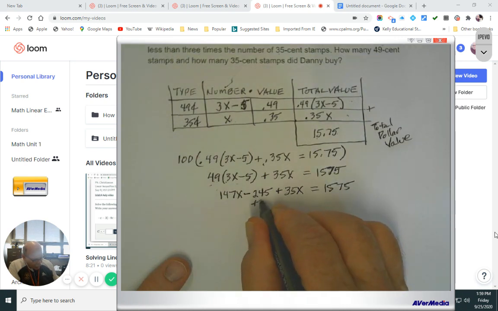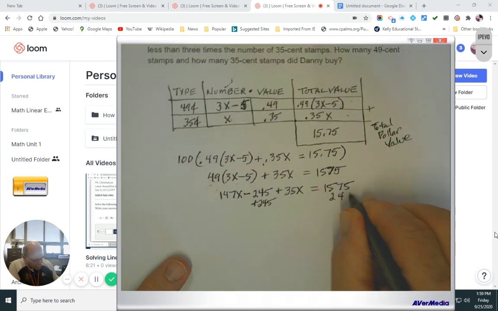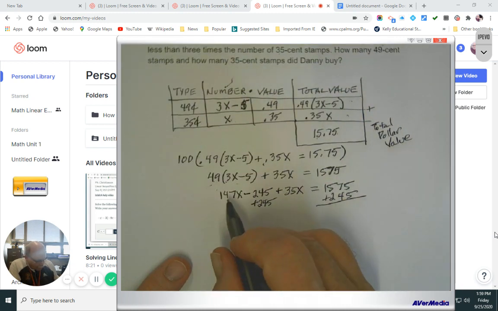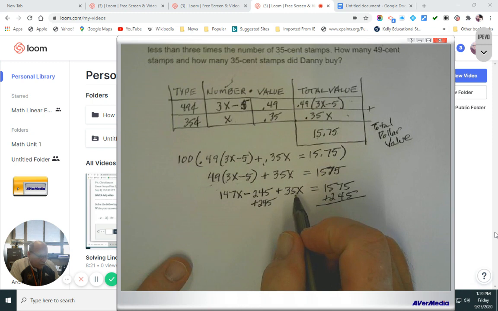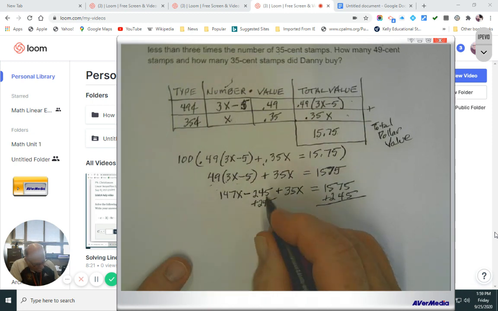Okay, combine like terms. I'm going to go ahead and add 245 to each side. When I combine 147 and 35, I am going to get 182x.